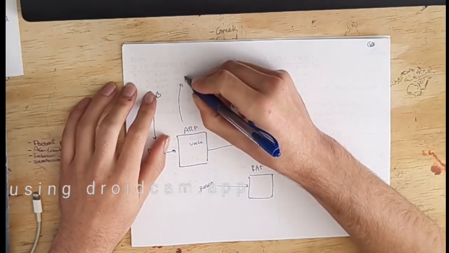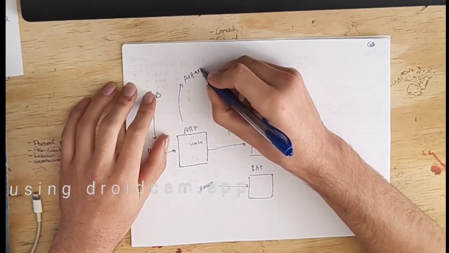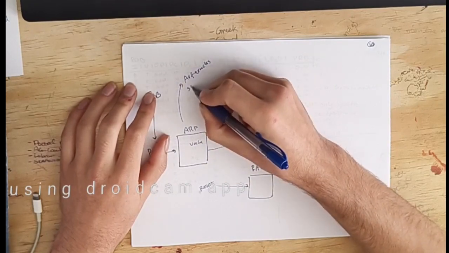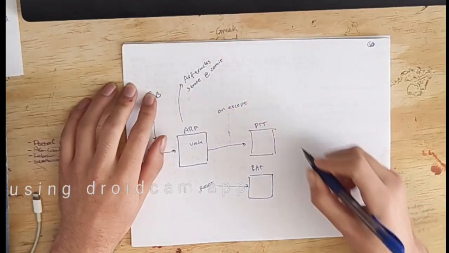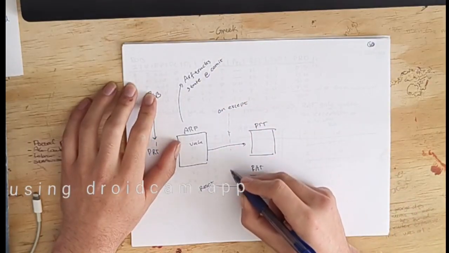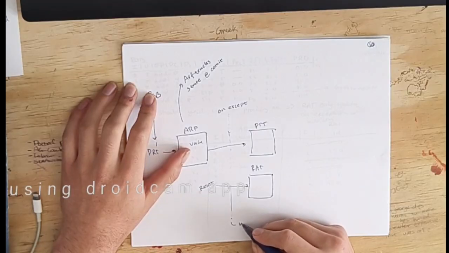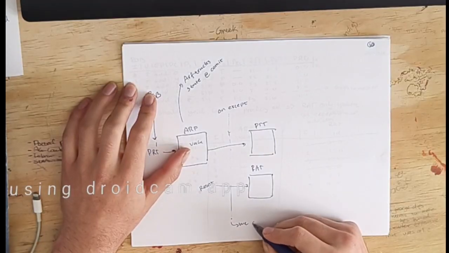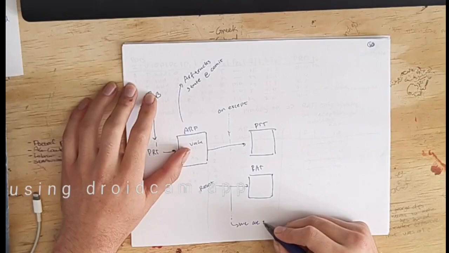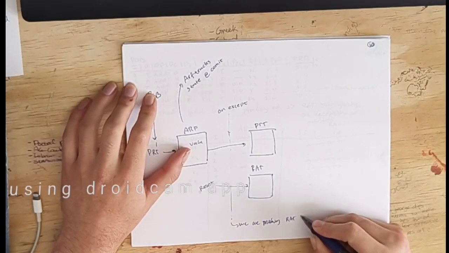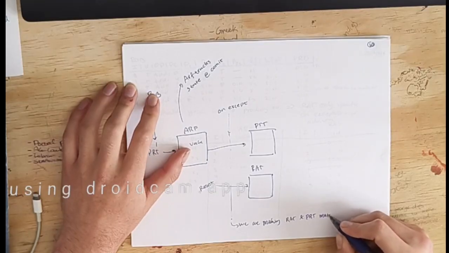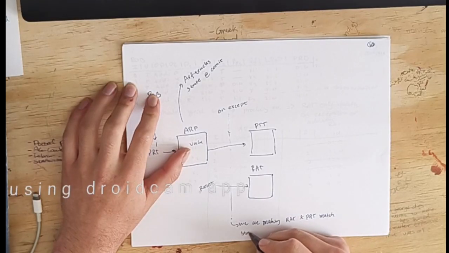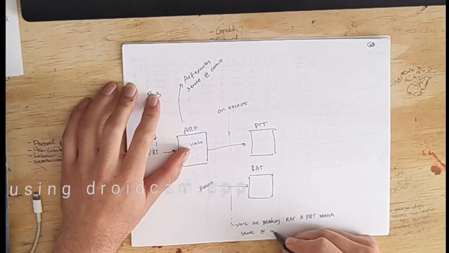So the ARF tracks state at commit, right? And then on exception, we are making RAT and PRT match state at commit, right?